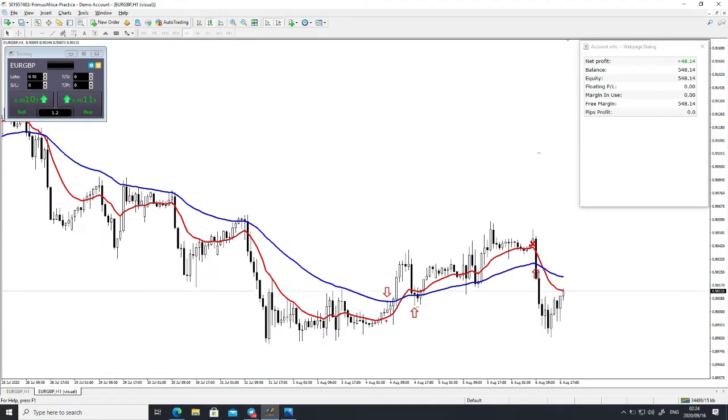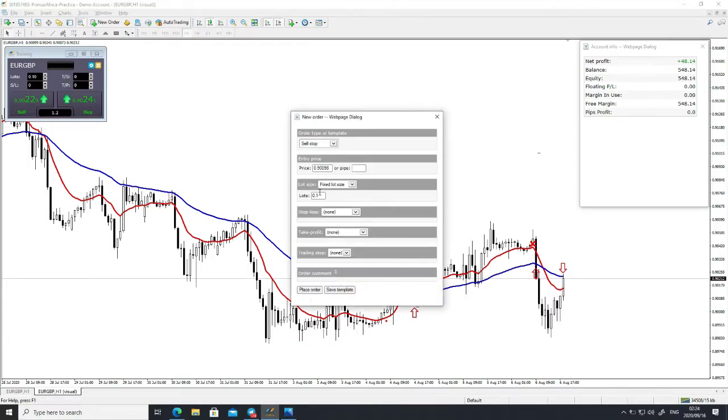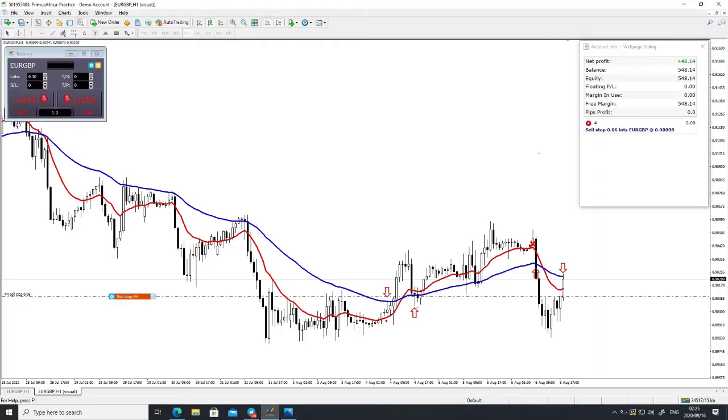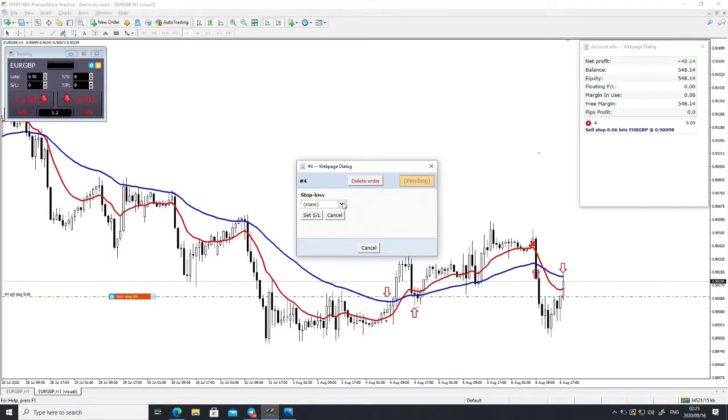So now the red is below the blue. So now we are looking at another sell signal. So we're going to put a sell trade below the red line. Alright, so we're going to set up for that as well, just to calculate the distance. So I still want to risk $10 in this space. Okay, so I'll use a 0.06 for that and set up my stop loss.